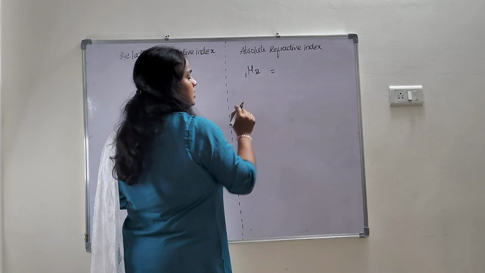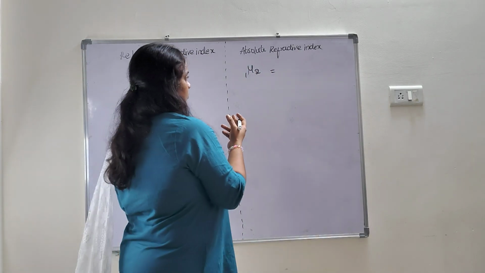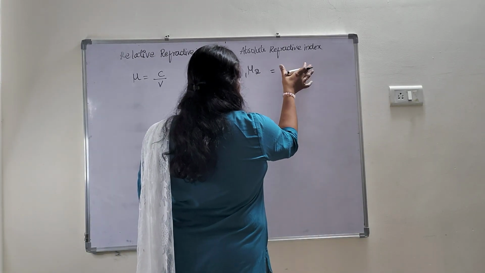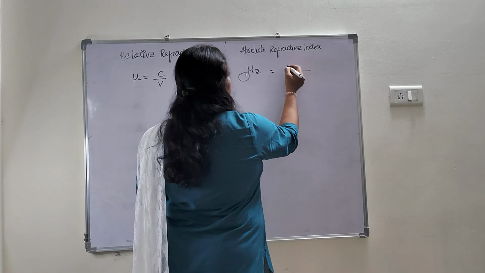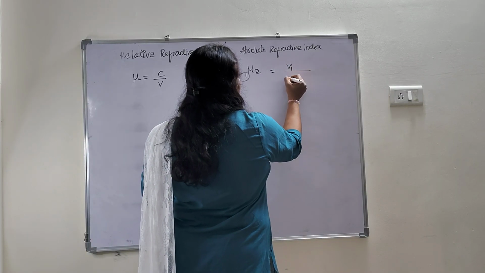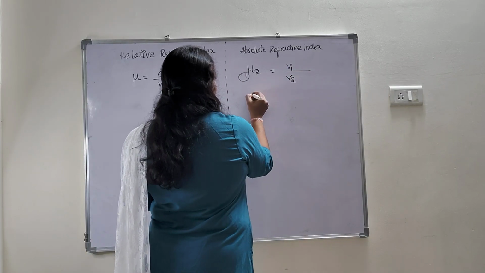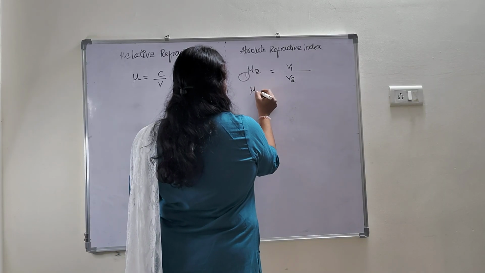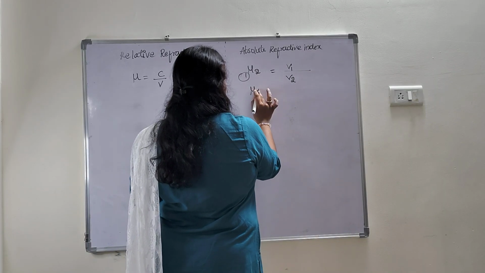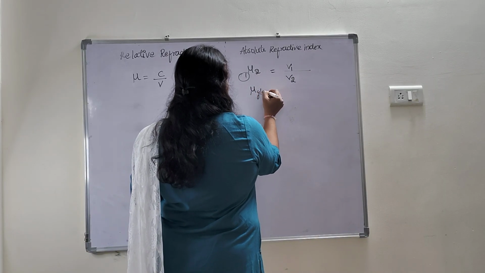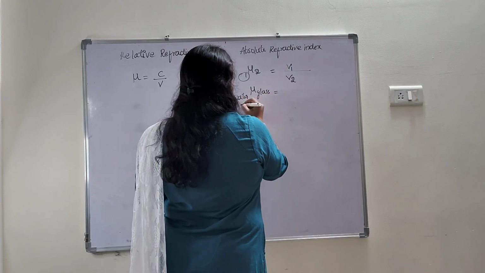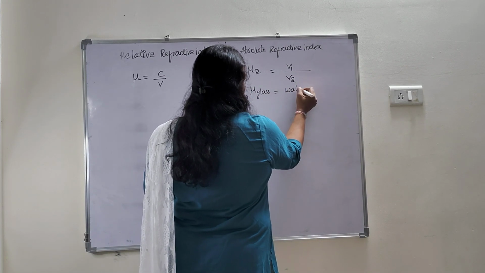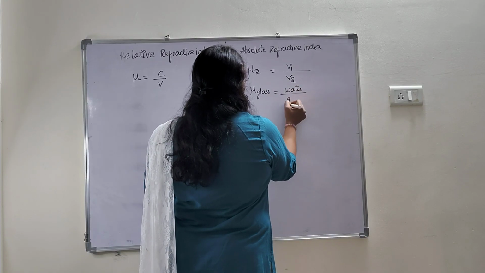most of the students will make a mistake here, in how to write it. When it comes to the speed of light, in the numerator first you need to write medium 1. So speed of light in medium 1 to speed of light in medium 2. For example, if I'm taking air, glass, and water, first I should write the speed of light in water and then the speed of light in glass.